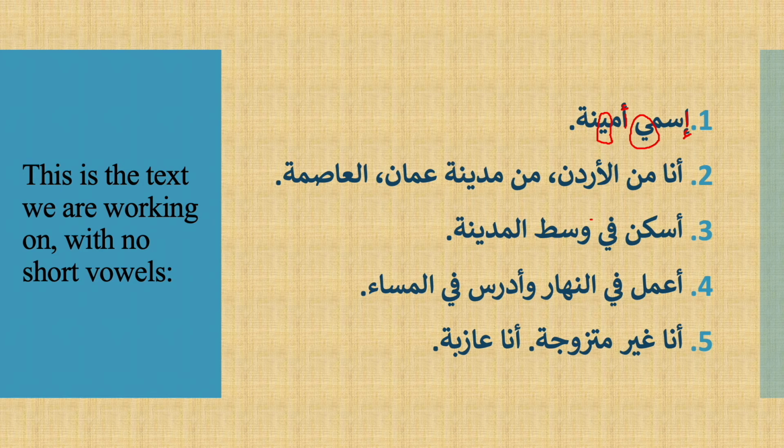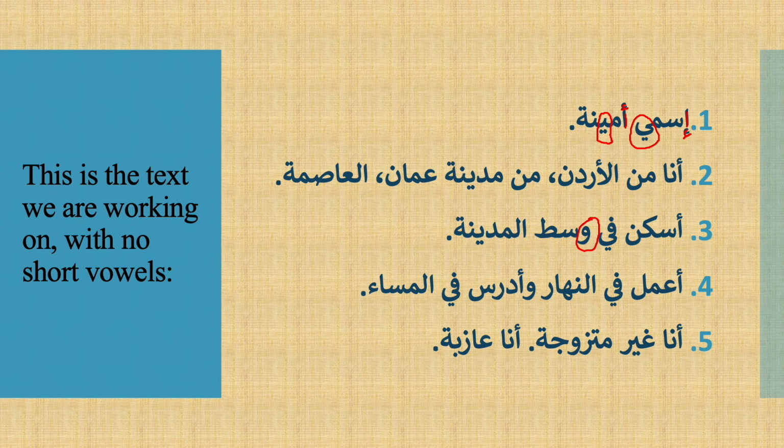Oops, here we found one. Long U. However, we will see later that if a long U is at the beginning of the word like this, it's really not a long U, but a W, as we saw when we spoke about the alphabet in a previous video. The long U also serves as a W, and here it's a W.